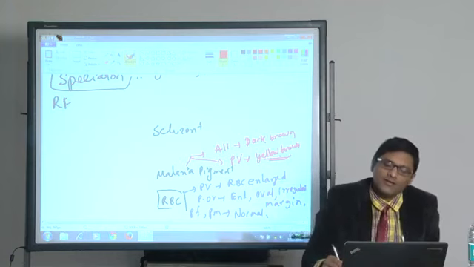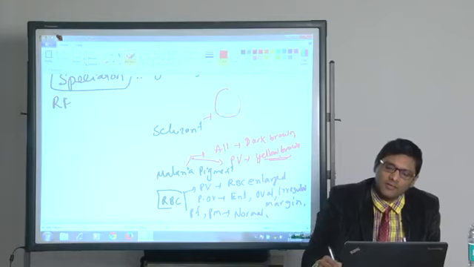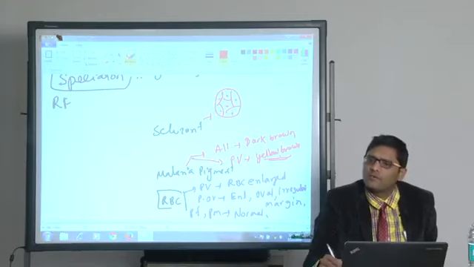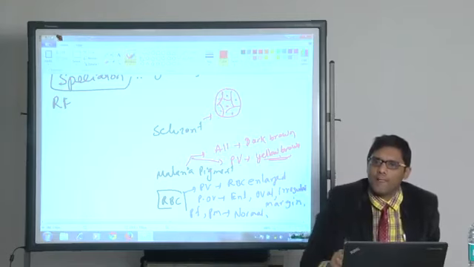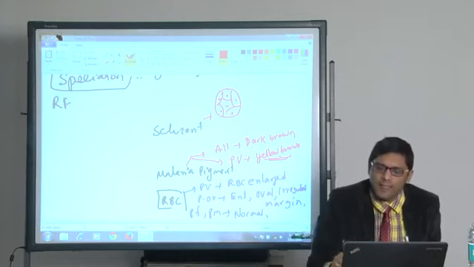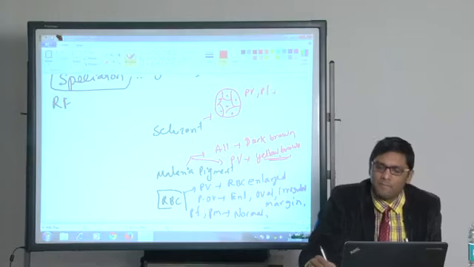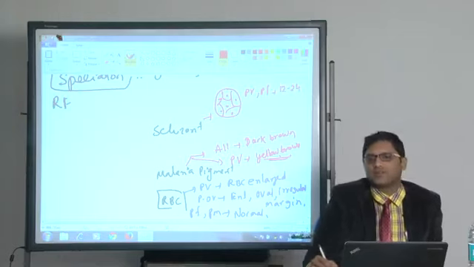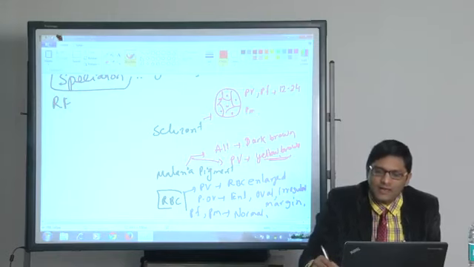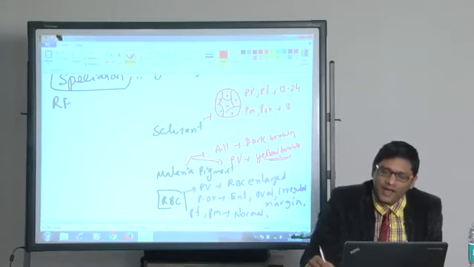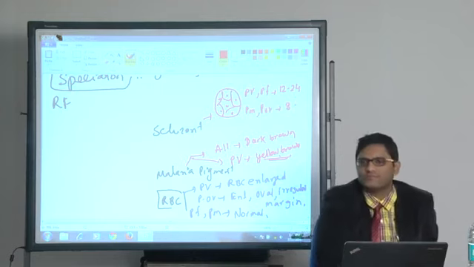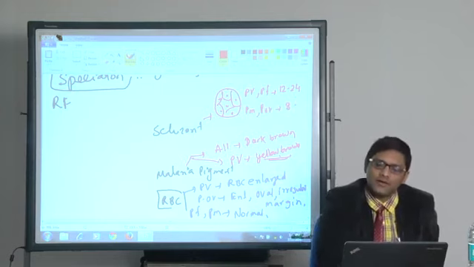Schizont. A schizont is a big sac-like structure having merozoites inside. How many merozoites they have is a property by which you can speciate. For vivax and falciparum, 12 to 24 merozoites per schizont, whereas malariae and ovale have 8 merozoites per schizont.